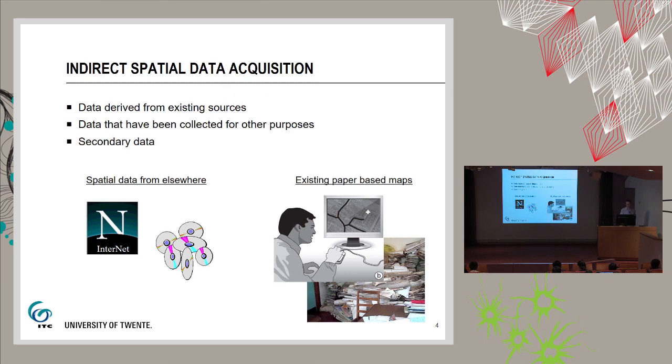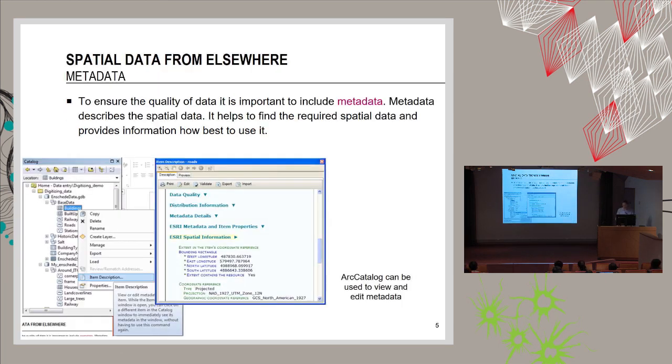If you acquire data from elsewhere, from another source, an online source, then of course you have to know about the quality of this data. And what can help you with that is metadata. You know what metadata is? This is data about data.